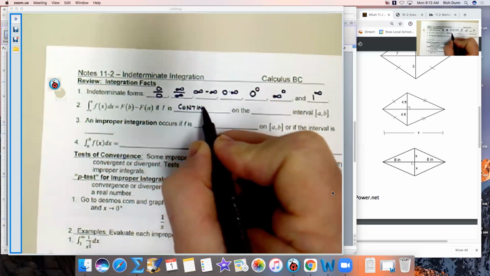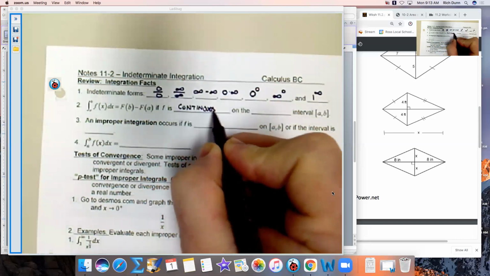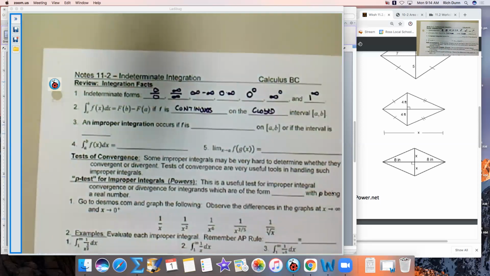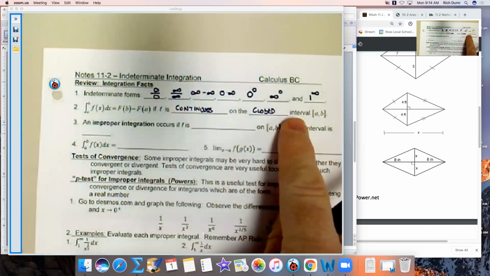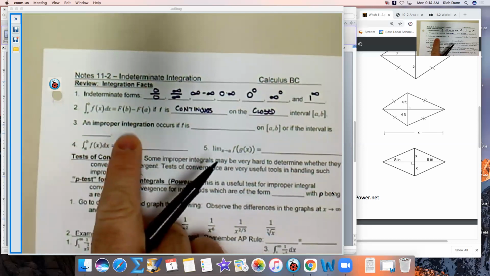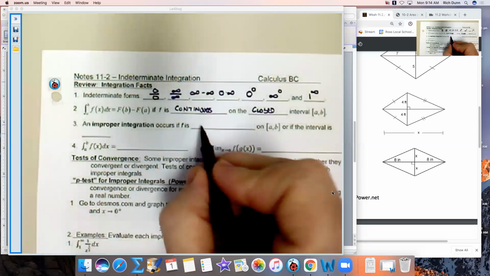And also, remember, the interval must be closed for this to work. So if these conditions aren't met, then it's going to be an improper integral. So an improper integral occurs if f is discontinuous.